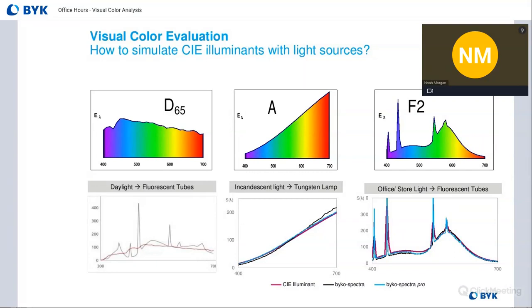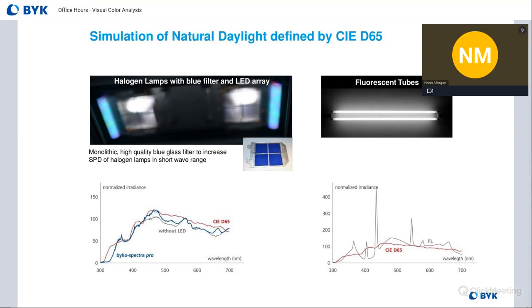So that's what most of the light booths on the market follow right now. But with the Bico Spectra Pro, we were able to simulate perfect daylight. So we chose different light sources and different filters. We used a monolithic high-quality blue glass filter with a halogen lamp and a short wave range with an LED.